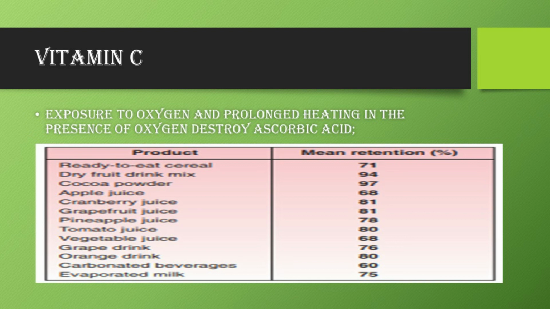In the processing of milk, losses may occur at various stages, from an initial level of about 22 mg per liter in raw milk. The content in the product reaching the consumer may be well below 10 mg per liter.